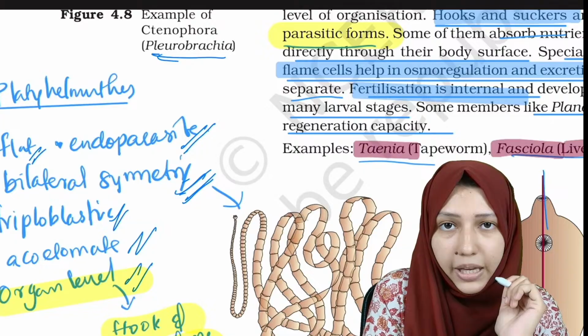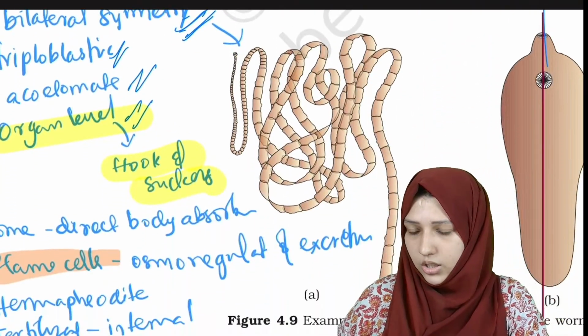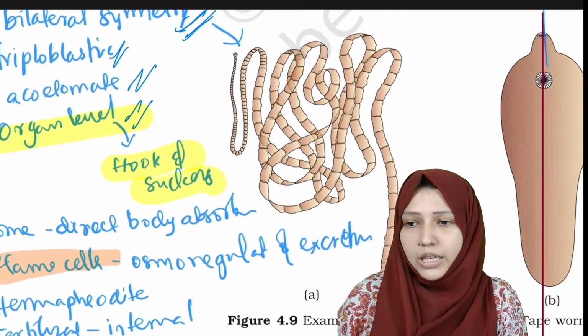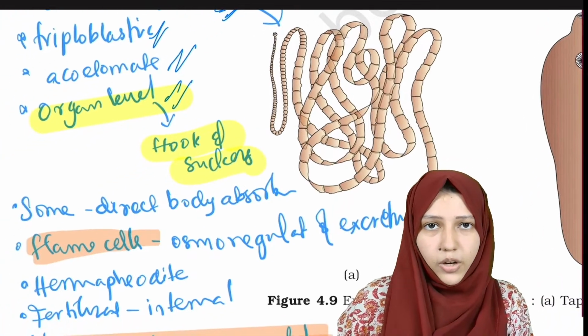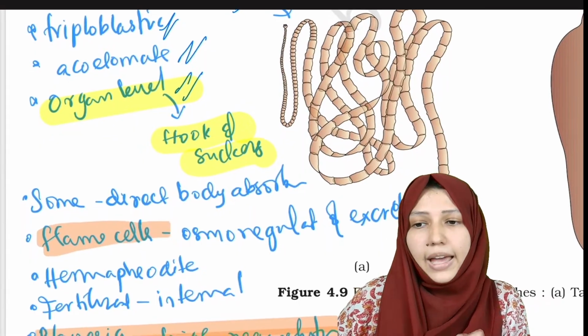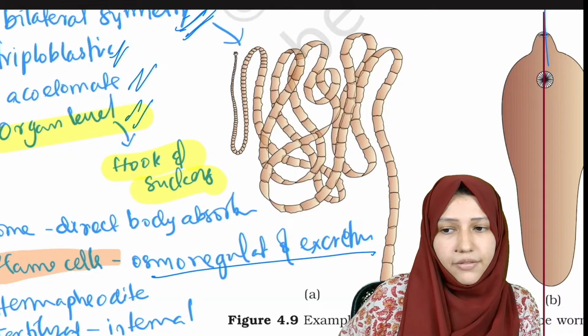Now, what are flame cells? Flame cells are specialized cells which are used for osmoregulation and excretion. Clear?